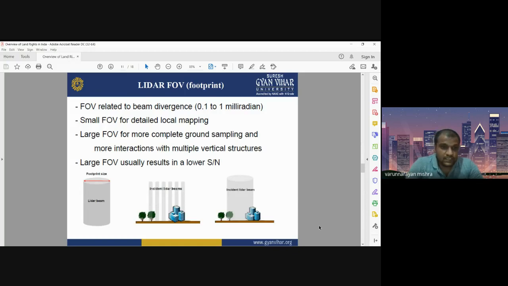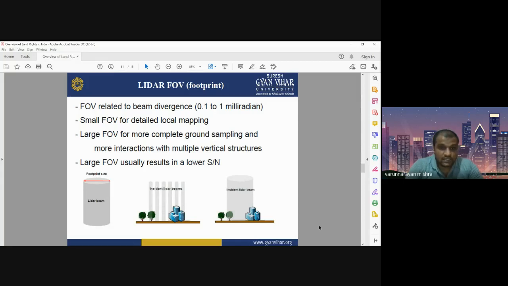So FOV is related to the beam divergence. What is the size of the laser beam transmitted by the lidar system? It is known as the footprint, or field of view. Normally we call it field of view, but in the case of lidar we call it footprint.